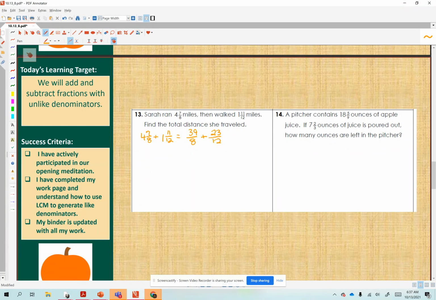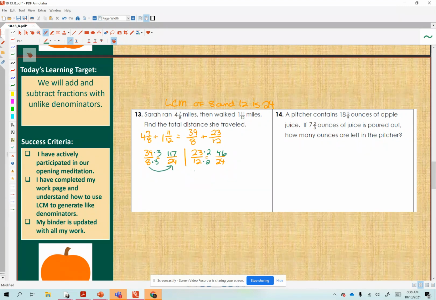And our least common multiple of 8 and 12 is 24. So we'll convert 39 eighths to 24ths, and we will convert 23 twelfths to 24ths. And when we do that, we have 8 times 3 is 24, 39 times 3 is 117, 12 times 2 is 24, 23 times 2 is 46.